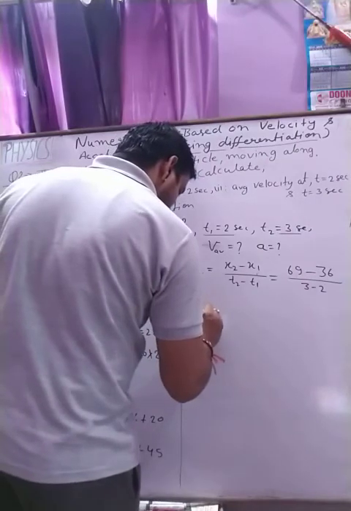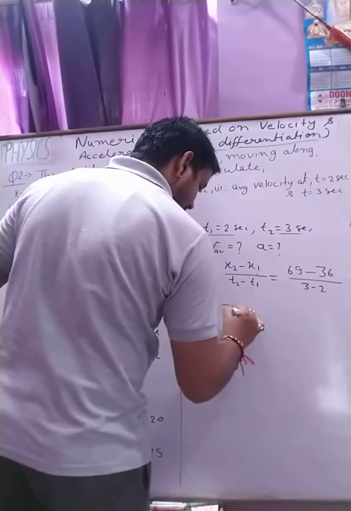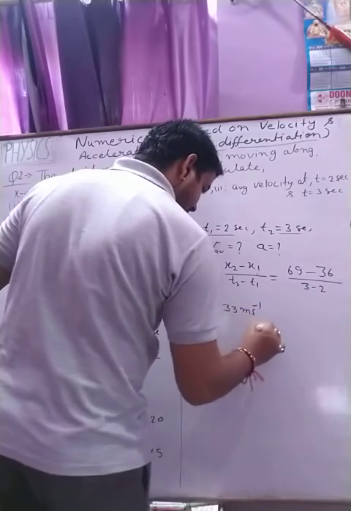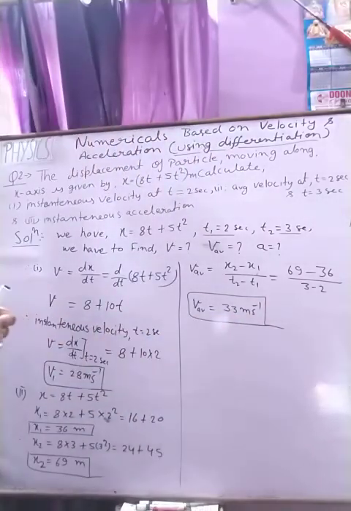Therefore average velocity is 33 meter per second. Earlier we calculated the change in velocity, that is acceleration.